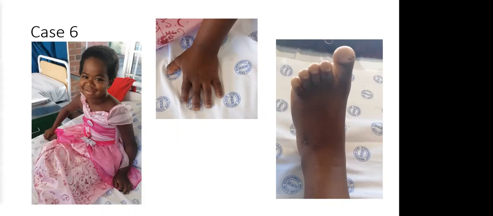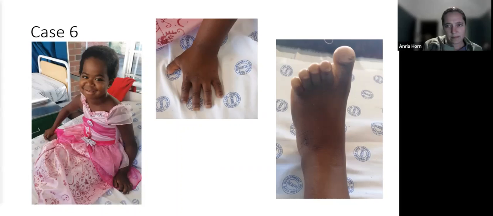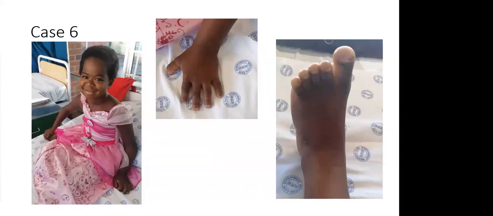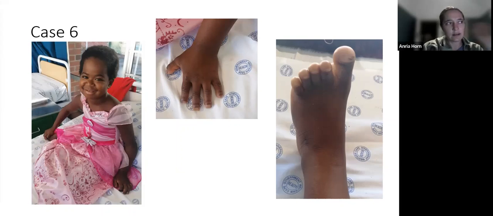Okay, so this is an adolescent child. She has dysmorphic features on her face. Looking at her extremities, the hands and the feet, how many knuckles do you see there?